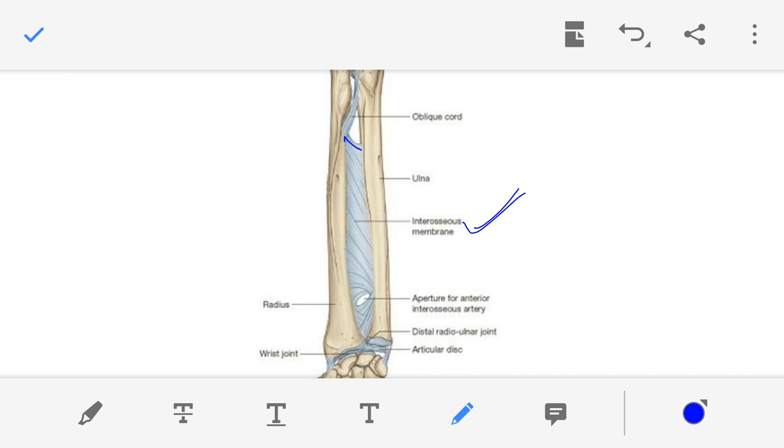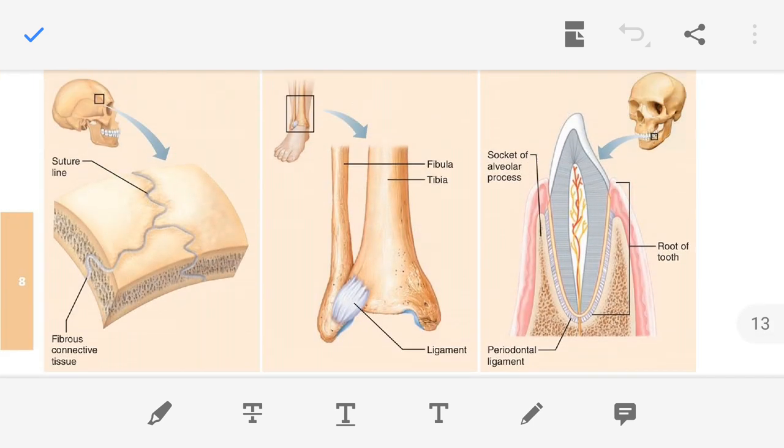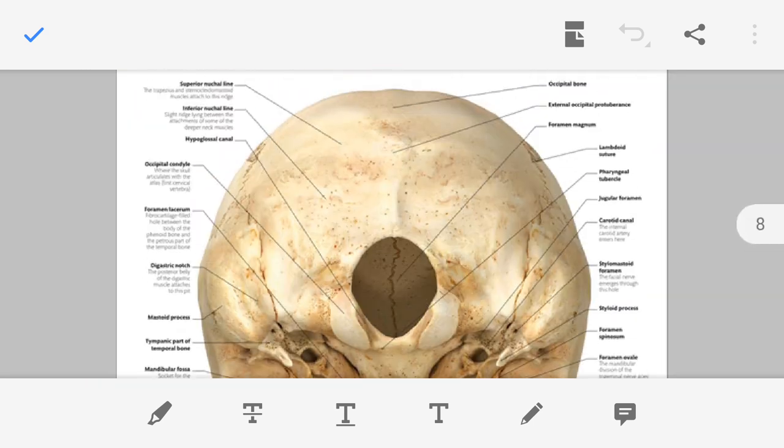So collagen fibers originate from the larger bone, that is radius, and then they attach themselves to ulna. They originate from the larger bone, then they pass through, and then they cover the smaller bone. So that is the meaning of this thing that they are writing over here.